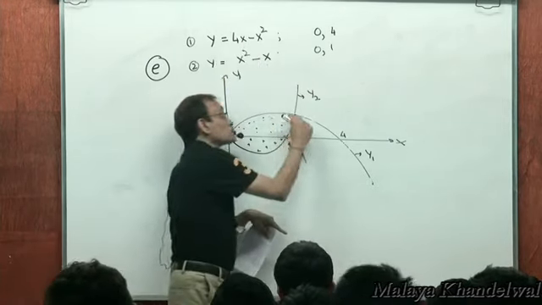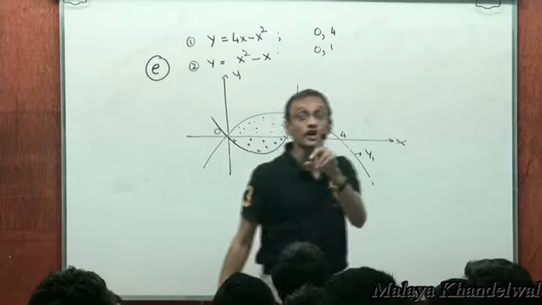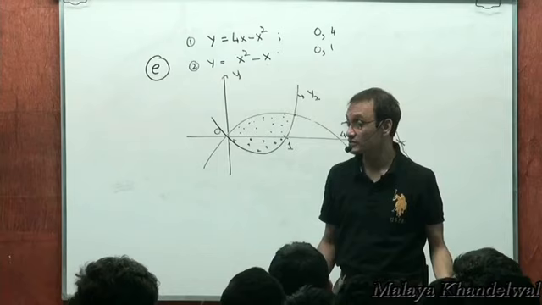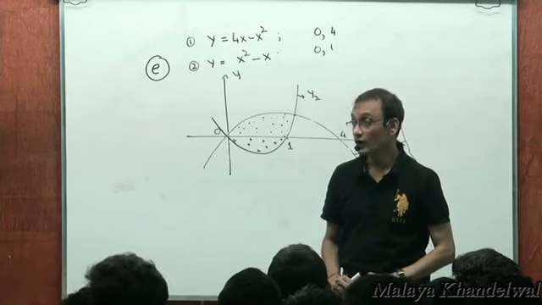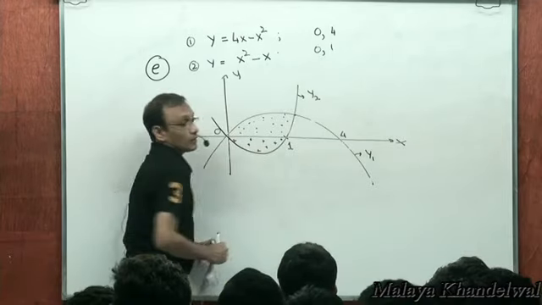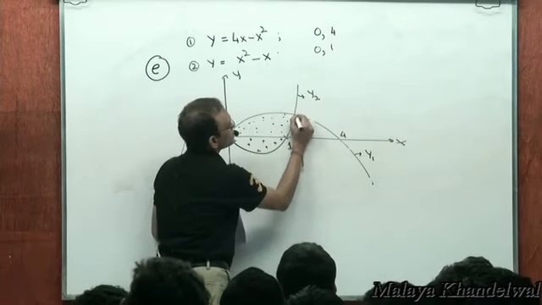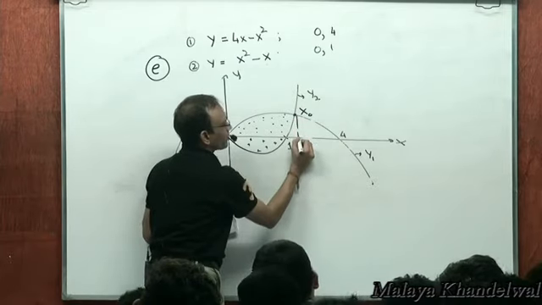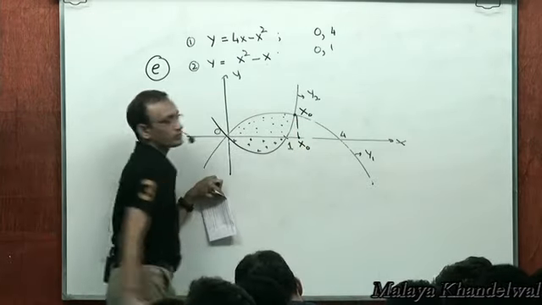So taking horizontal strips looks good, but it has algebraic deficiencies, right? So vertical strips is what I'll do. Say their point of intersection is x naught, which is this x naught.